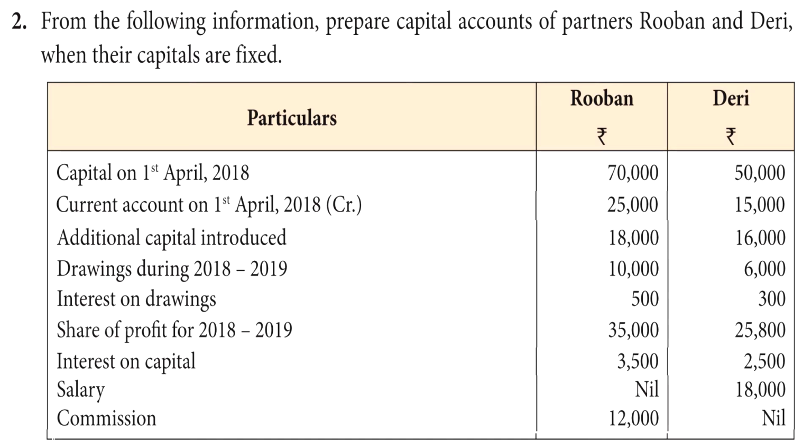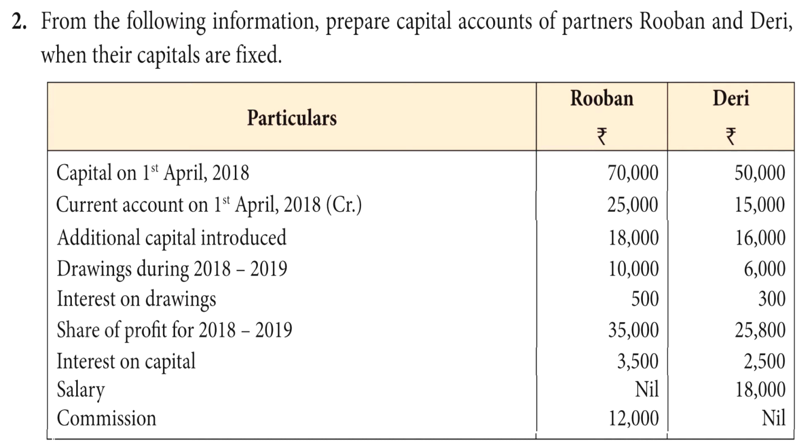When the capitals are fixed, capital on 1st April 2018, 70,000, 50,000. Current account on 1st April 2018, 25,000, 15,000. Additional capital introduced, 18,000, 16,000. Drawings, 10,000, 6,000. Interest on drawings, 500, 300.